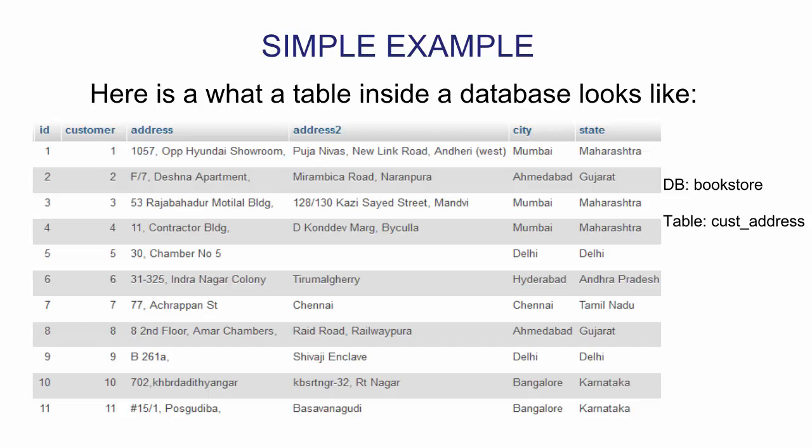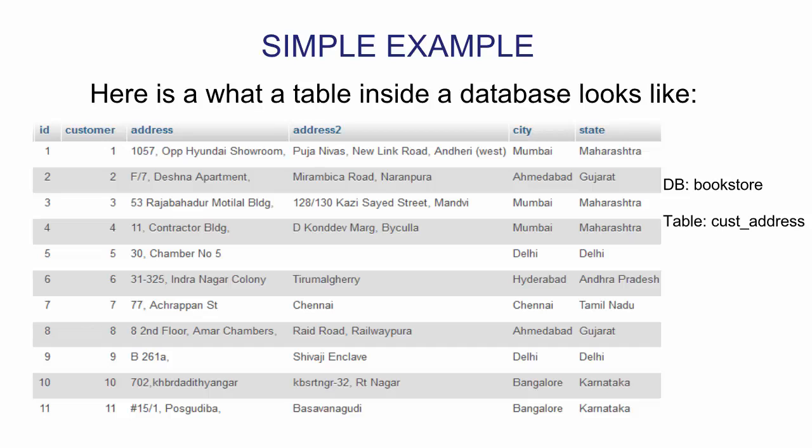So this is an example of what a database looks like. We have a database here called bookstore, and one of the tables inside it is called cust_address. Inside of the cust_address table, we have columns called ID, customer, address, address_2, city, and state. These columns are also called the fields in a database.